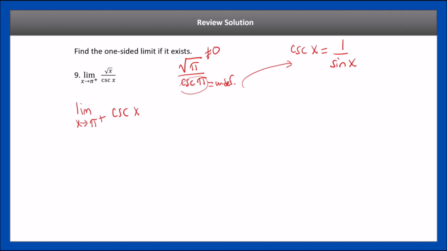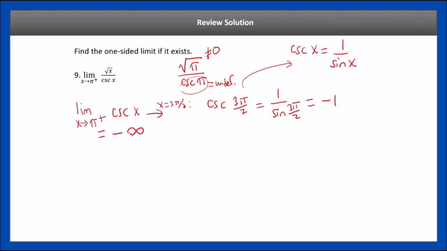So if we plug in x equals 3 pi over 2, we get cosecant of 3 pi over 2 is 1 over sine 3 pi over 2. And sine of 3 pi over 2 is -1. So this is going to be -1, right? So it's a negative number, so it's going to approach negative infinity. So this equals negative infinity.